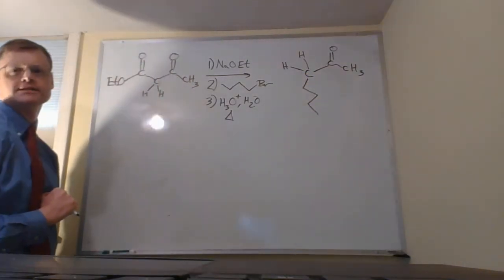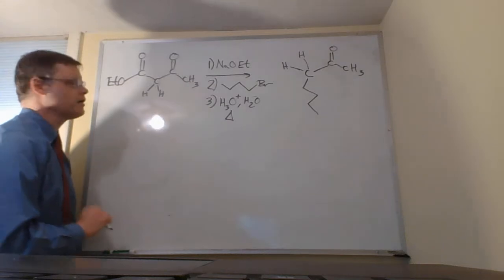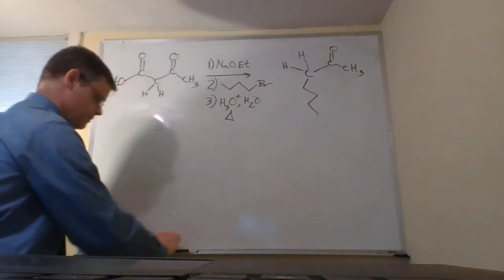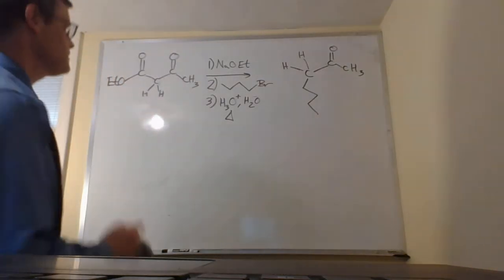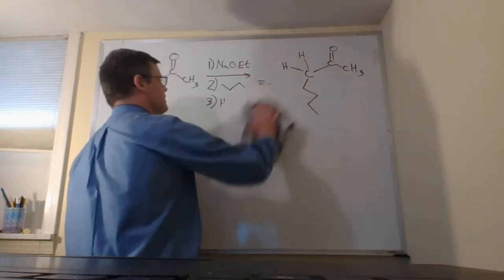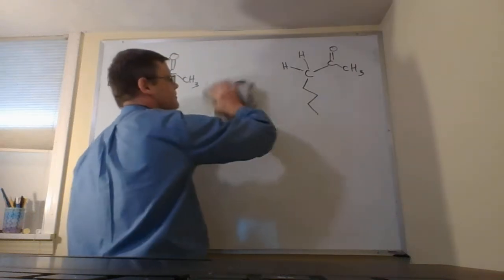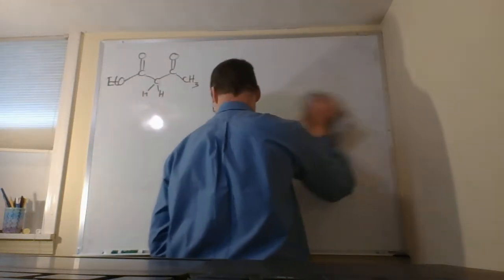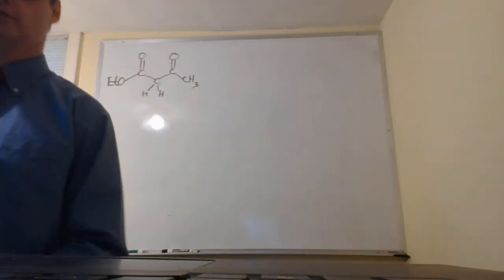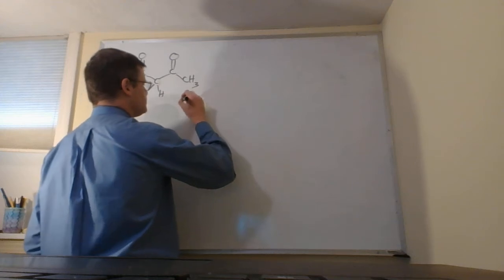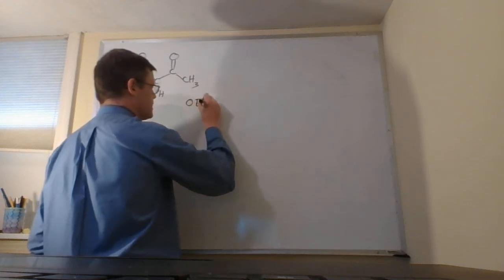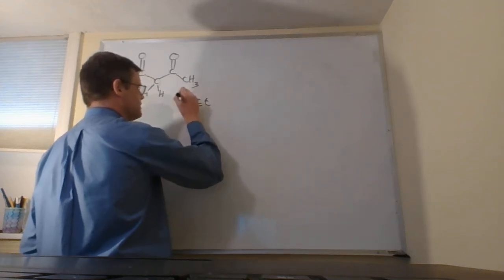Okay, so let me break it down for how we form that. Again, this is going to be the same as what we did with malonic ester synthesis, but I think it's a good review here. So first step, we have sodium methoxide. The sodium is a spectator ion.